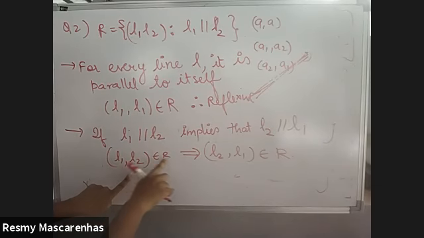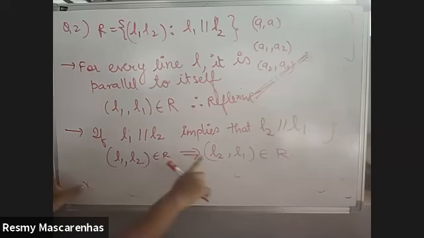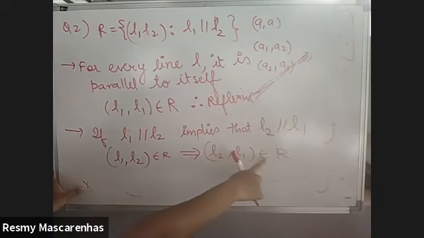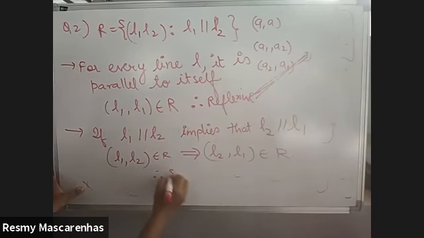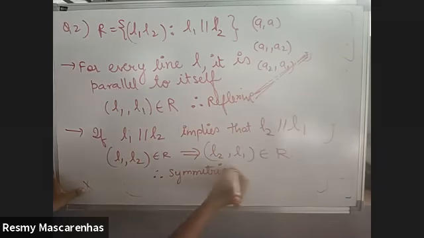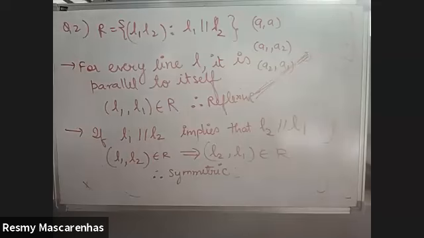This belongs to R means obviously L2 comma L1 is also satisfying the condition. Therefore, symmetric. As we go on solving more problems, it will be the same method repeated again and again, so you will get used to it. Right now it will look completely new.